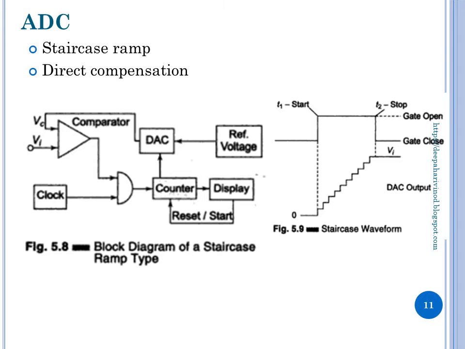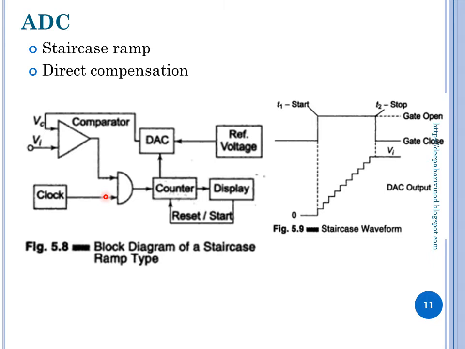Coming to the staircase ramp, here we have the block diagram. It consists of VI and VC and DAC, reference voltage, display counter and gate clock.